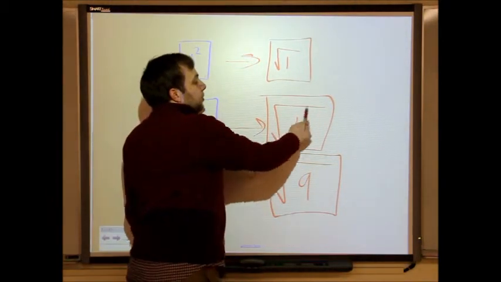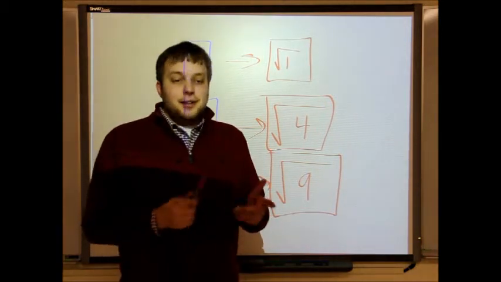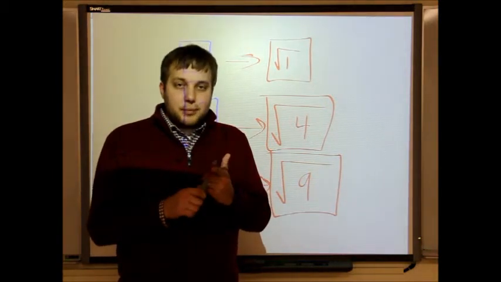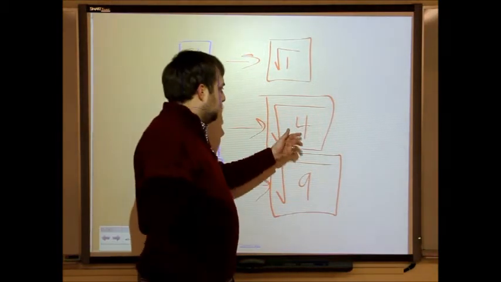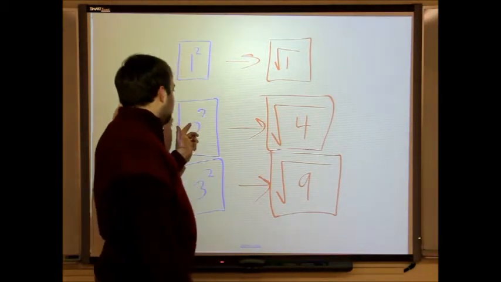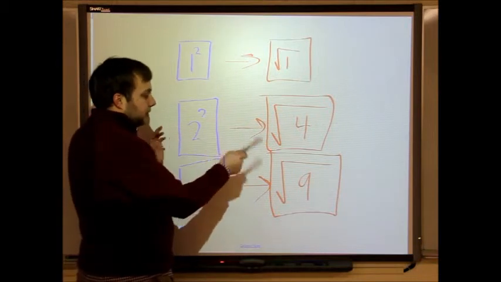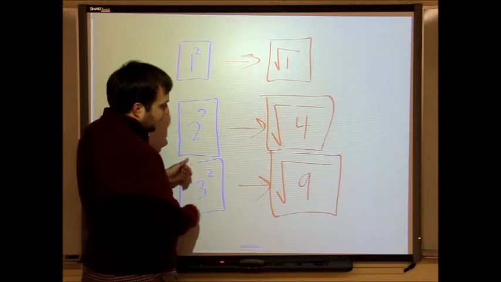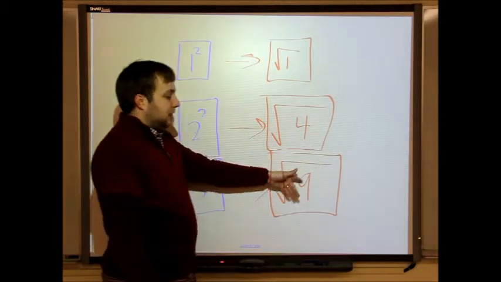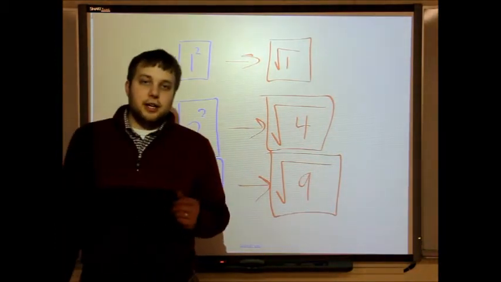Well, what's the square root of 4? Well, that's obviously what multiplies by itself to give me 4. Well, 2 times 2 gives me 4. So the answer to that is 2. So they're kind of almost vice versa. They're just the opposites. So 3 squared gives me 9. Well, square root of 9 gives me 3. Okay, you guys see how that works?